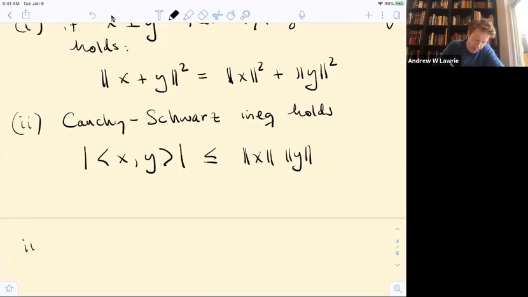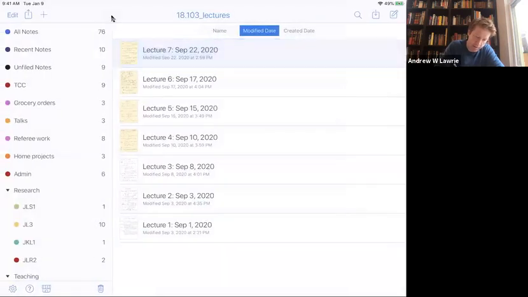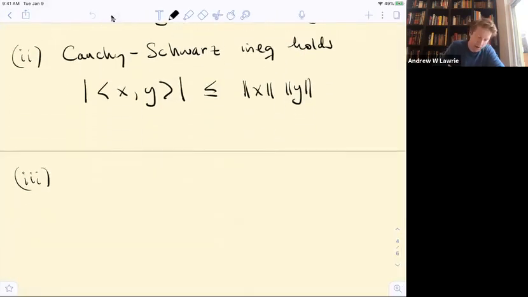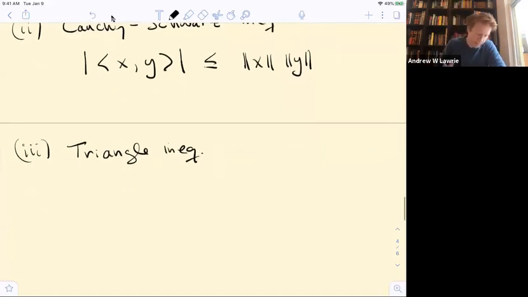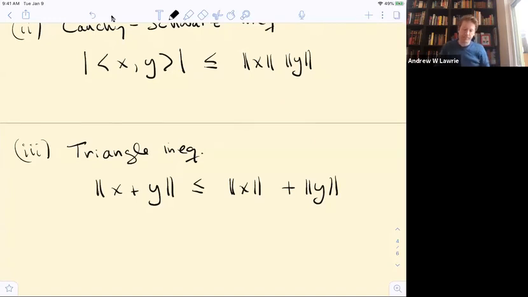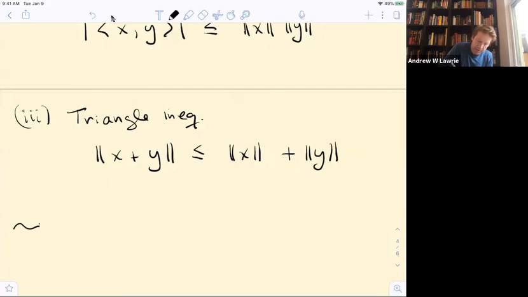And then point three is the triangle inequality. We have this norm coming from the inner product, and the triangle inequality holds. So the norm of x plus y is less than or equal to the norm of x plus the norm of y. What this means is that this also gives us a metric.